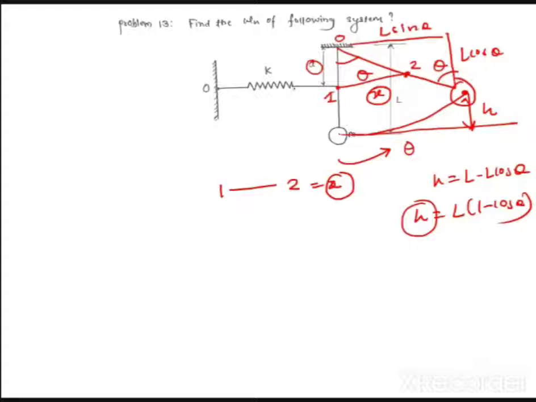What do you mean by this? That the displacement of the spring is x, which is equal to the distance 1 to 2. So the spring will get extended, elongated by x, meaning the distance between 1 and 2. I hope it is clear to all of you. This is what is happening.